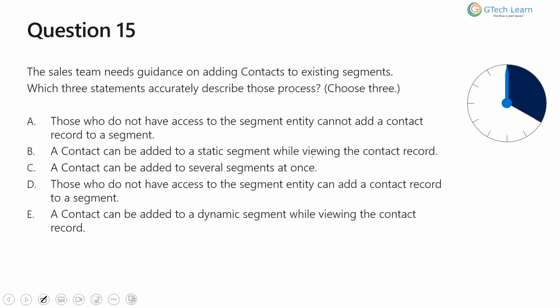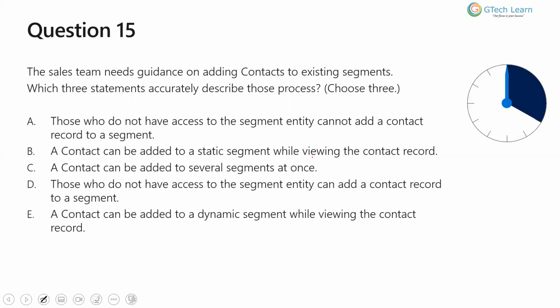The sales team need guidance on adding some contacts to the existing segments. Which three statements accurately describe that process? Option A, those who do not have access to the segment entity cannot add a contact record to the segment. Option B, a contact can be added to a static segment while viewing the contact record.